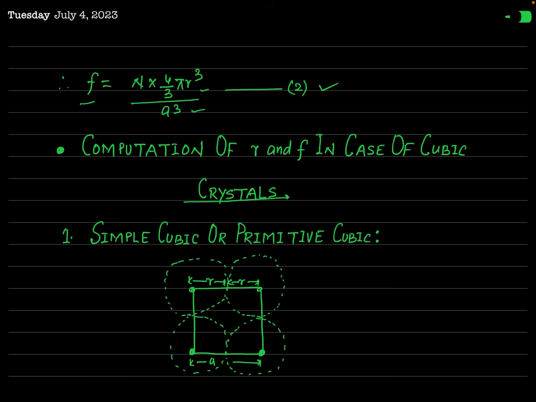Okay. Now let us see the case of simple cubic, or primitive cubic. I have not shown the complete unit cell, that is, the complete cube here. This is just a simplified figure from which we can easily calculate the atomic radius and the packing fraction of the lattice.